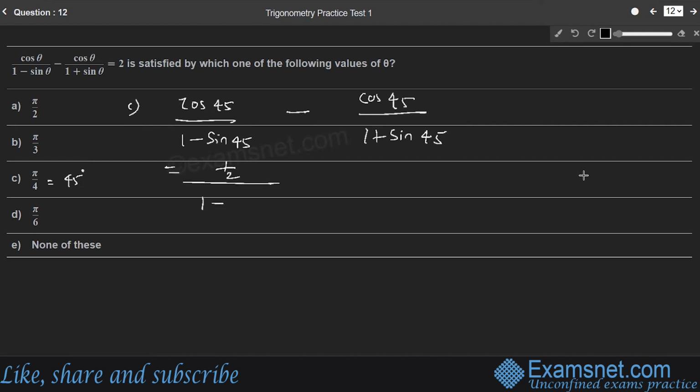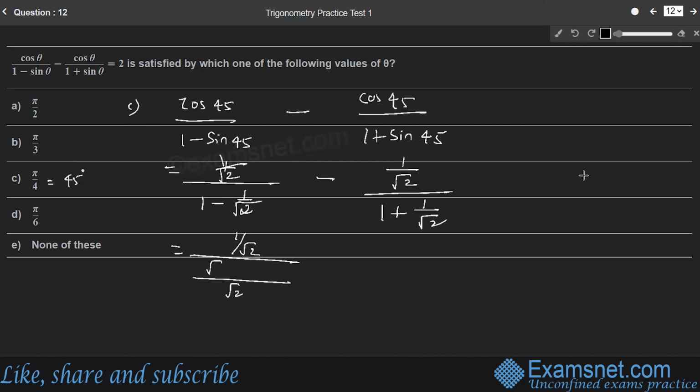By 1 minus sin 45, which is also 1 by root 2, minus again 1 by root 2 divided by 1 plus sin 45, which is 1 by root 2. Simplify it, right? So here 1 by root 2, and in the denominator we have root 2 as the LCM and root 2 minus 1 in the numerator, right? Numerator of the denominator.